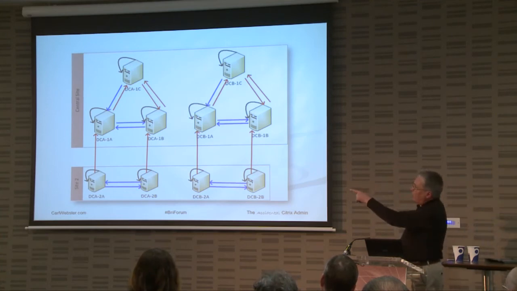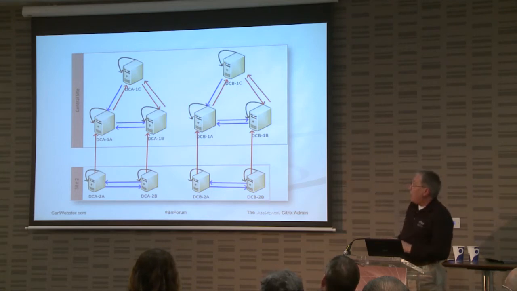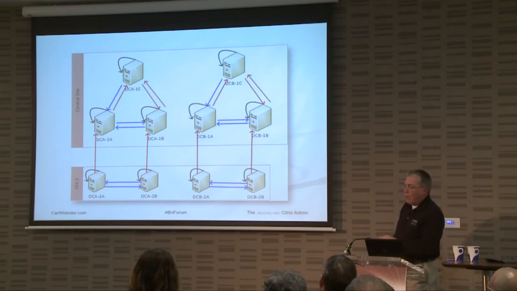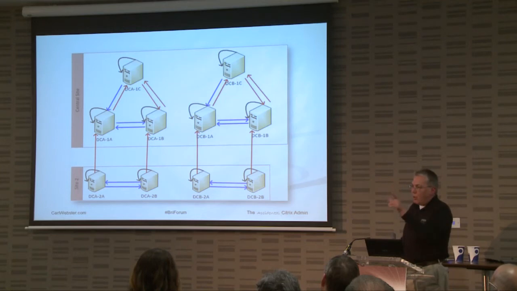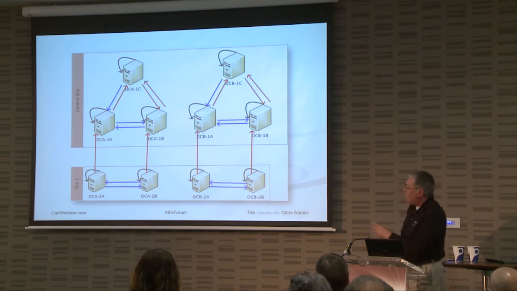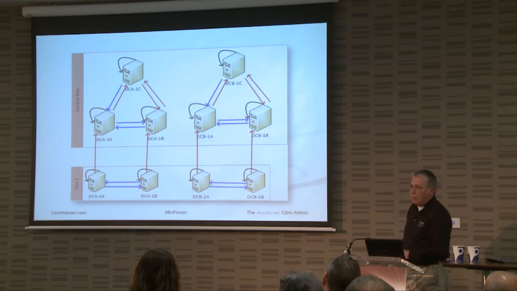So workstations that are in the central site for domain A will go to 1B and 1C to get their time. They do not go to the PDC emulator by default, unless for some reason they can't reach 1B or 1C, then they'll go to 1A to get their time. And at site 2, the workstations over there for domain A will get their time from either 2A or 2B.